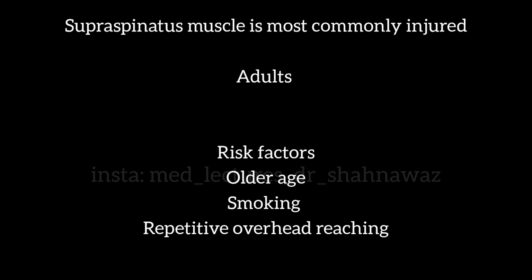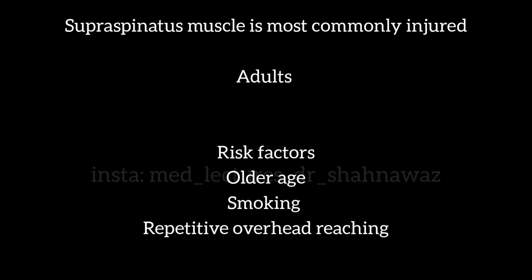The risk factors are older age, due to degeneration of muscles and lower ability to work, smoking, and repetitive overhead work. For example, plumbers or building workers are at greater risk of rotator cuff injuries.